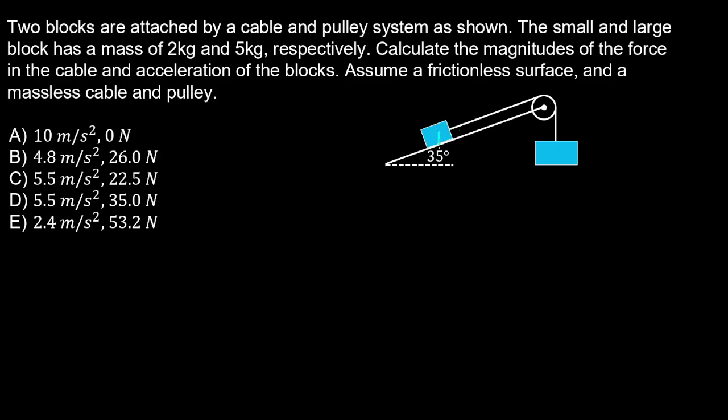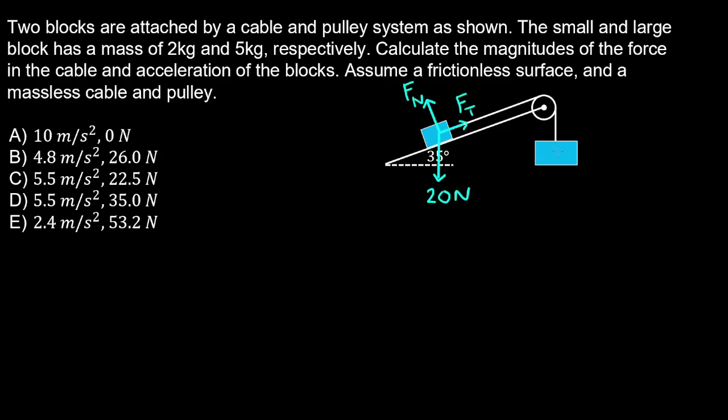So if we take a free body of the left block, we have the force of weight being 2 kilos by 10 meters per second squared, and the normal force and the tension force in the cable.